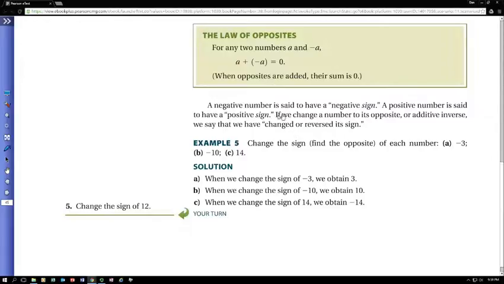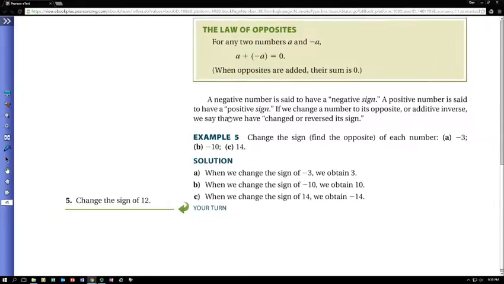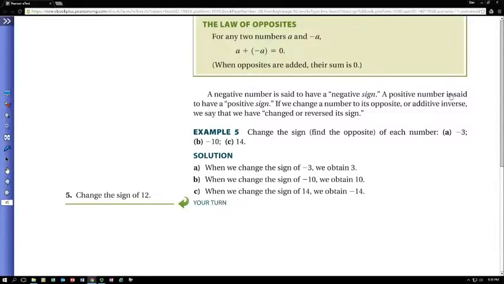Then they talk about a negative number being said to have a negative sign. A positive number has a positive sign, which we usually don't show because we write a lot of positive numbers. So rather than put a plus in front of it, we just leave it blank, which means it's positive.